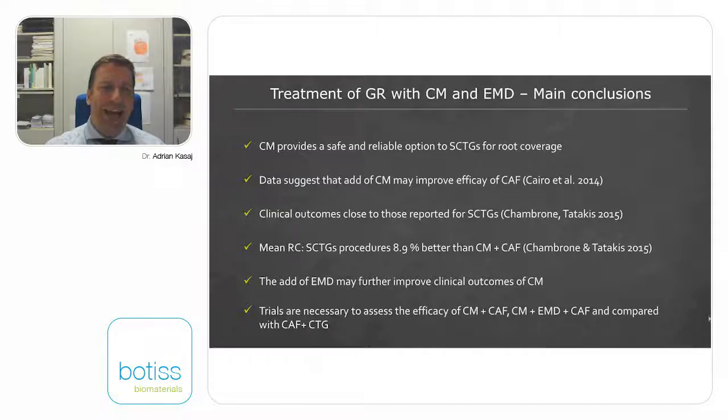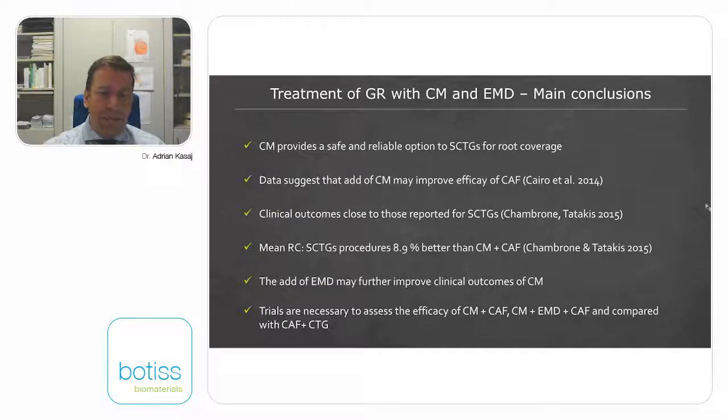Actually, the clinical outcomes are coming close to those reported for the autogenous connective tissue grafts. In this systematic review by Cairo and Tatakis, the subepithelial connective tissue grafts performed 8.9% better regarding the mean recession coverage in comparison to the collagen matrix plus the coronally advanced flap. So here we are very close.